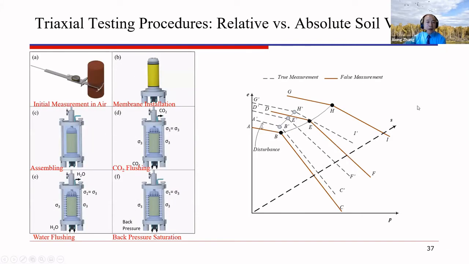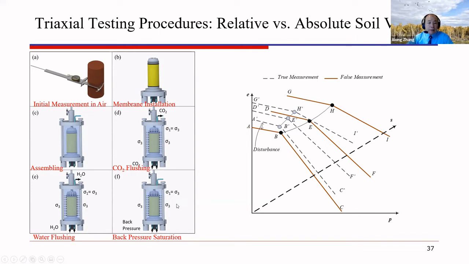So for example, in the past, if we do the testing in the conventional way, we measure the soil specimen in the air, and then we put the membrane on, we assemble it, fill it with water, use carbon dioxide to saturate the soil, flush the soil with water to get the carbon dioxide out, and then we apply back pressure to check if the soil is saturated.